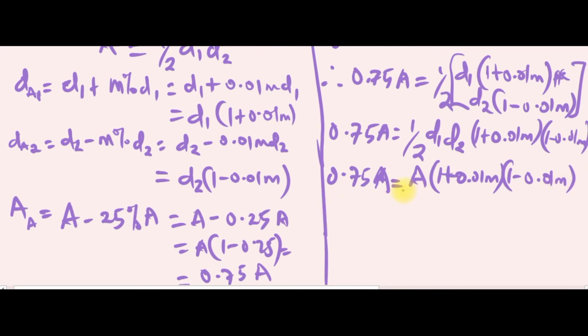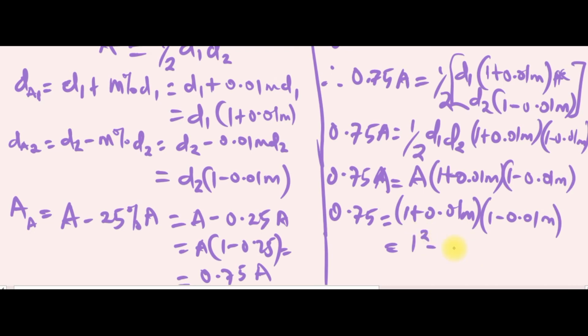As you can see, A can cancel out, so we have 0.75 equals 1 plus 0.01 m times 1 minus 0.01 m. Looking at this, it is a difference of two squares, so this is 1 squared minus 0.01 m squared.